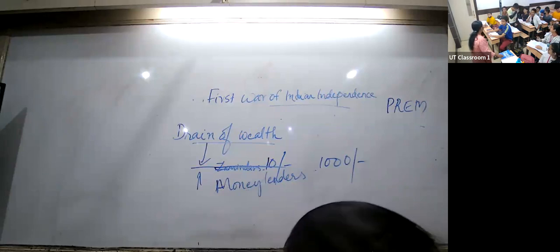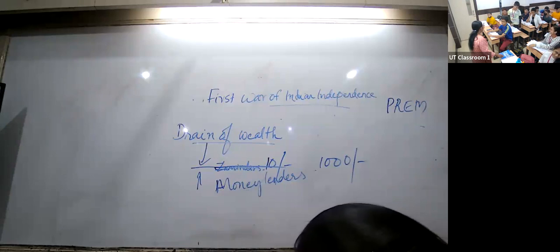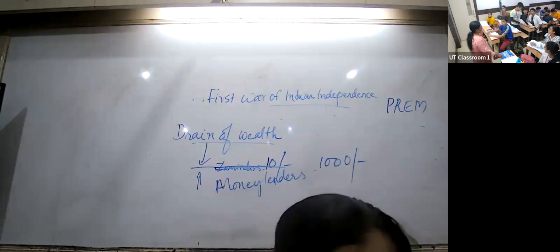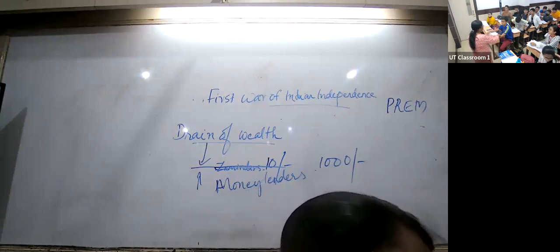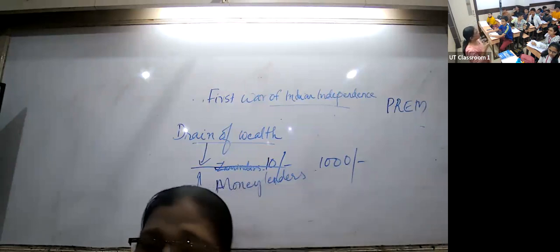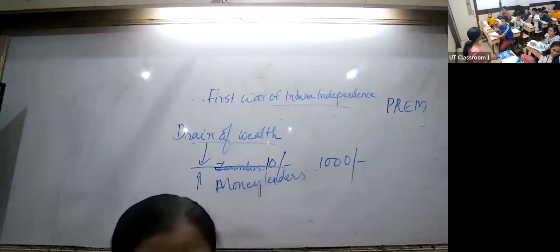Babur defeated Ibrahim Lodi and established the Mughal rule in India. Now, through the 1858 Act, the Mughal rule came to an end.